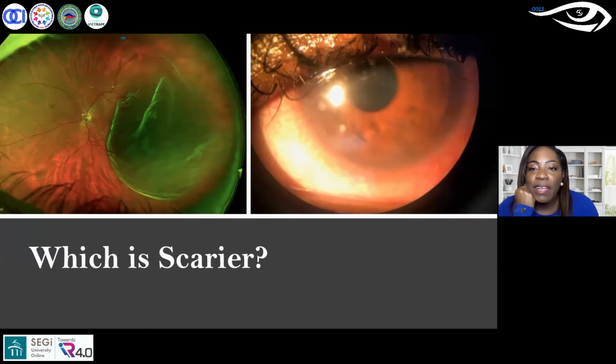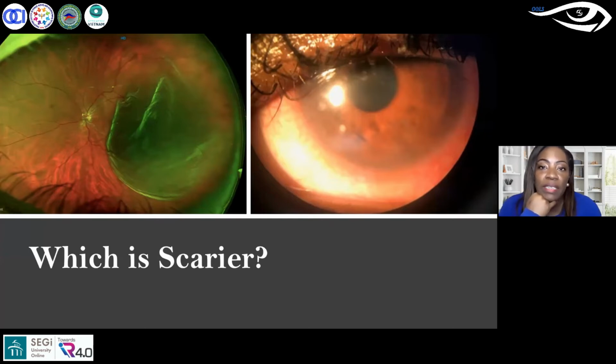The right, we can easily manage, and the likelihood of it causing visual devastation is low. My point here is that we can even prevent the right from happening if we manage myopia early on, because a lot of this happens from abuse of contact lens wear, because a patient can't see.